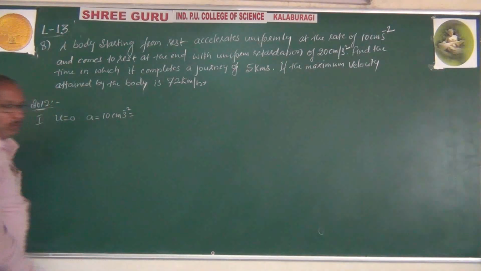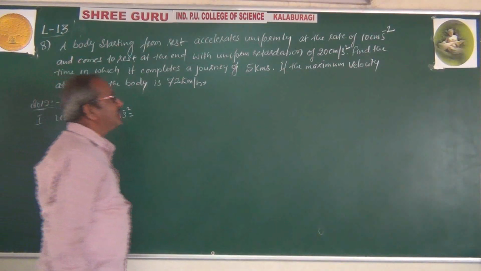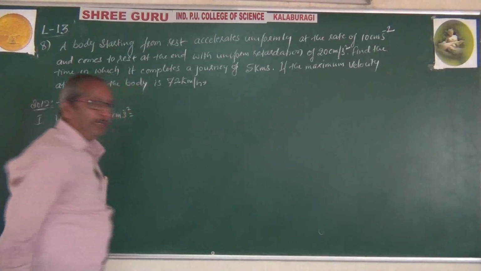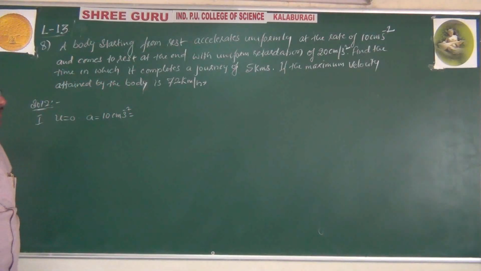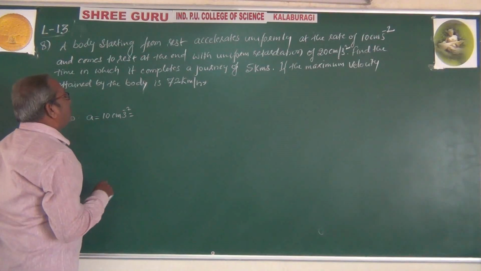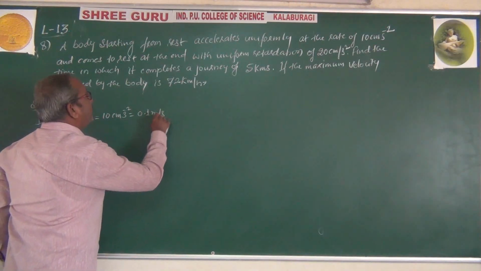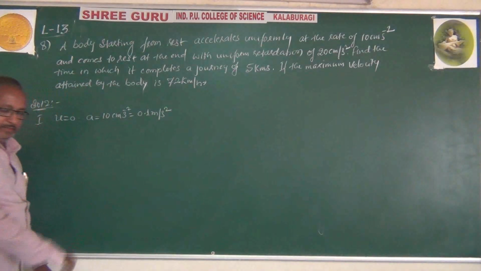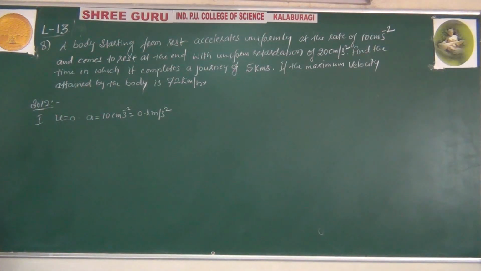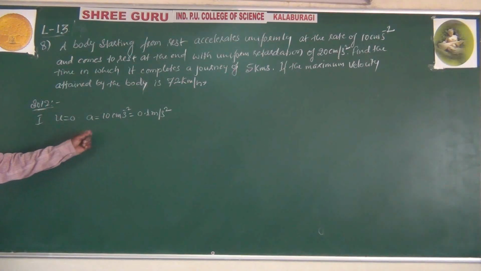Better to convert into meters because the distance covered we have to get in terms of meters, so you have to use the SI system. Now here 10 centimeter per second square is equal to 0.1 meter per second square, because 1 centimeter equals 1 by 100 meters, so divided by 100.